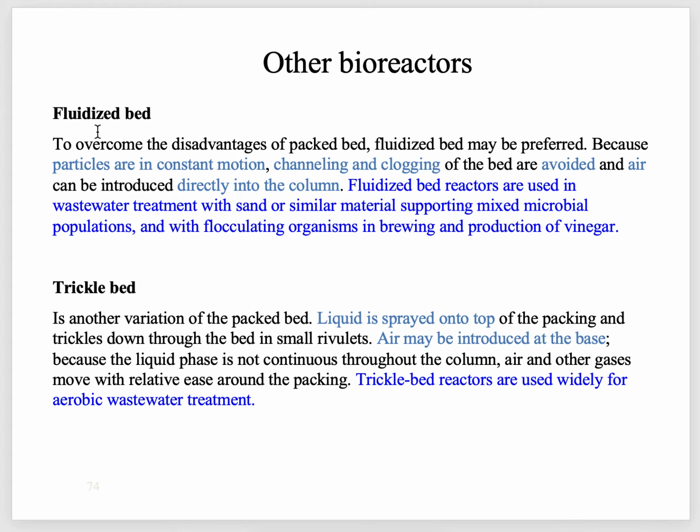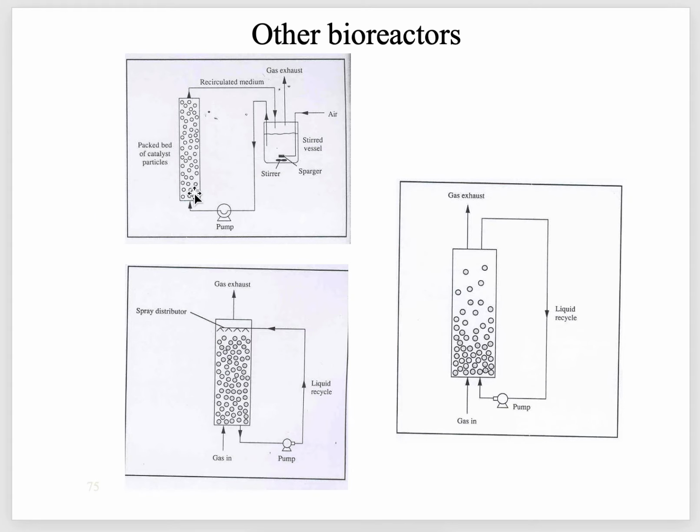Because in fluidized bed bioreactors, particles are in constant motion. So that's why channeling and clogging of the bed are avoided. And also, in addition, air can be introduced directly into the column. In case of packed bed, we cannot introduce air directly into the column.